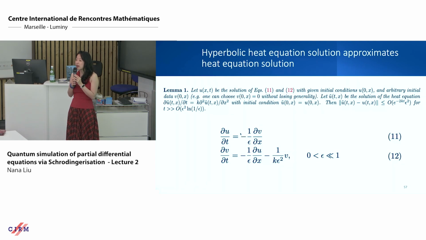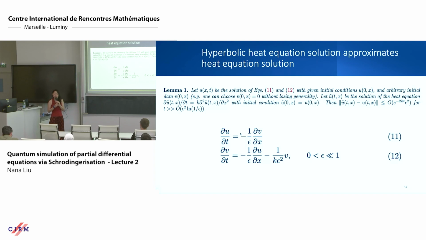However, I think these hyperbolic equations are interesting in their own right, so we're exploring that route. If you work on this and have some input, it would be really great. I don't know enough about this. Thanks. Next.